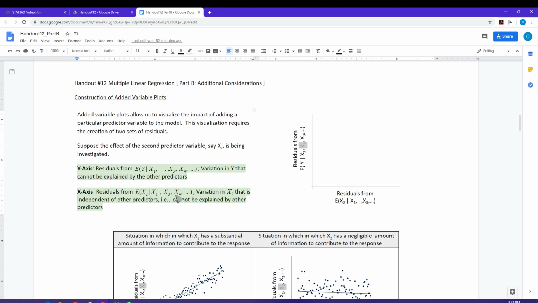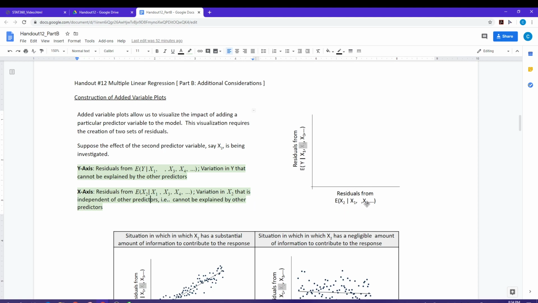So what is that going to give me? Well, that's going to give me the unexplained variation in x2 that cannot be explained by the other predictors. So this removes any effect due to the other predictors. So that's what goes on the x-axis.